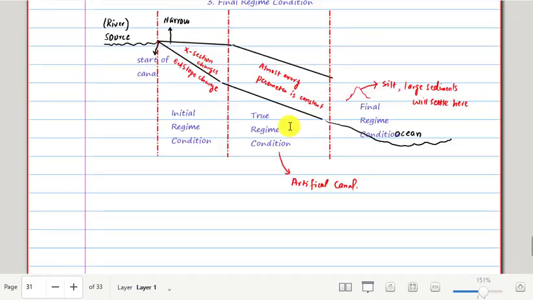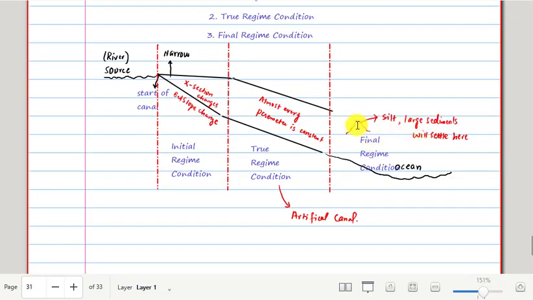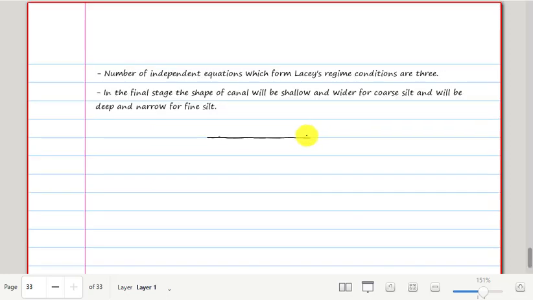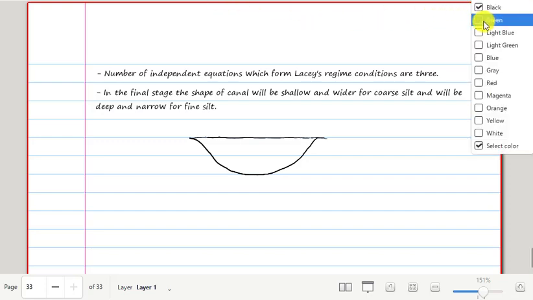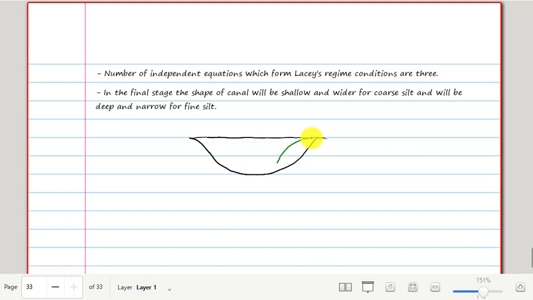So as we said in this figure, in the final stage there will be large sediment which will settle down. There can be different conditions. Either the canal can be shallow and wider, or, second condition, it can be narrow but deep, right?